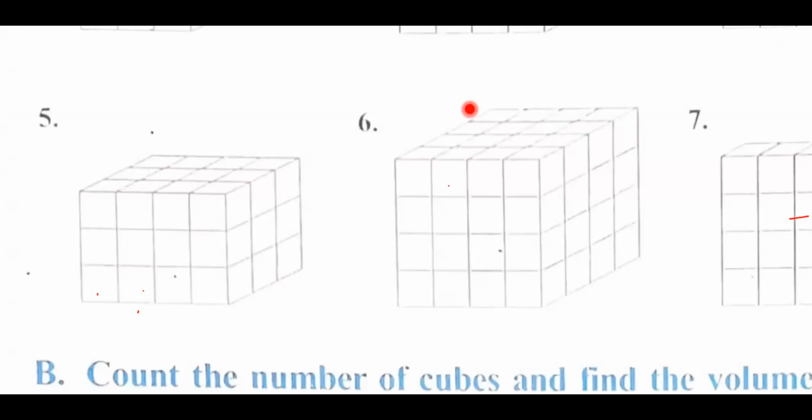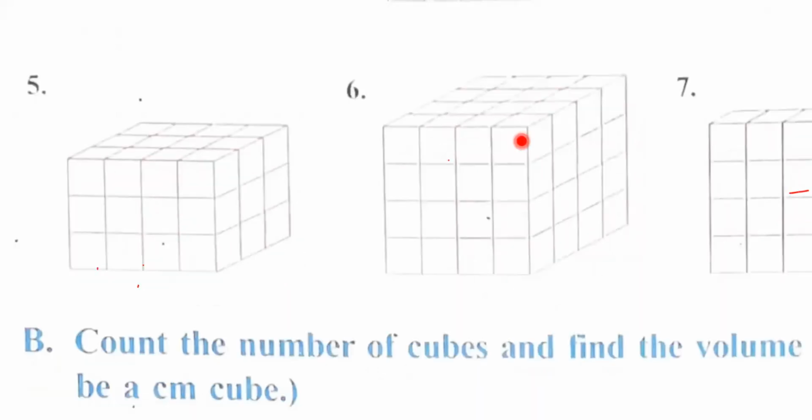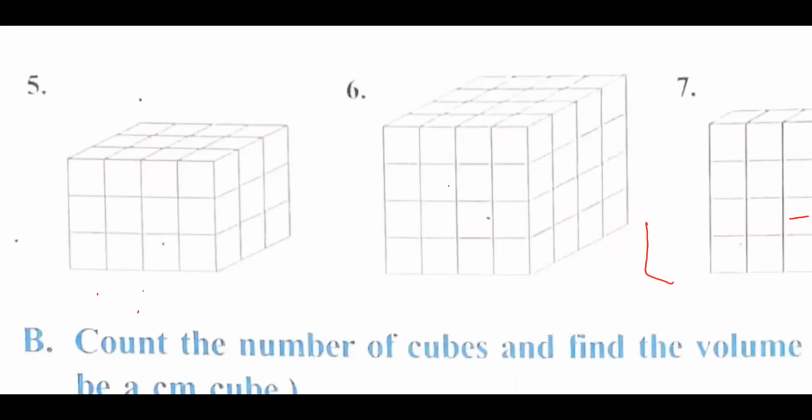Answer the sixth question. How many, beta, how many layers are there? Ma'am, 4. Very good. And in one layer, how many cubes? Ma'am, 4. No, not 4, beta. Count again.